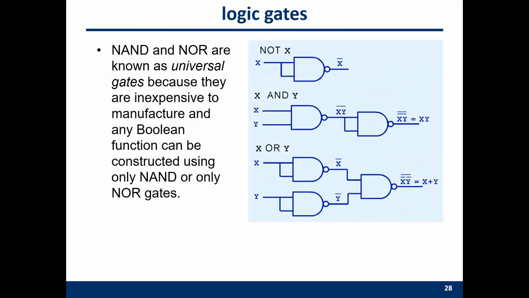The NAND gate and the NOR gate are so-called universal gates because they are cheaper. They can represent all the logic. So basically, in the real chip, we may only have a NAND gate.